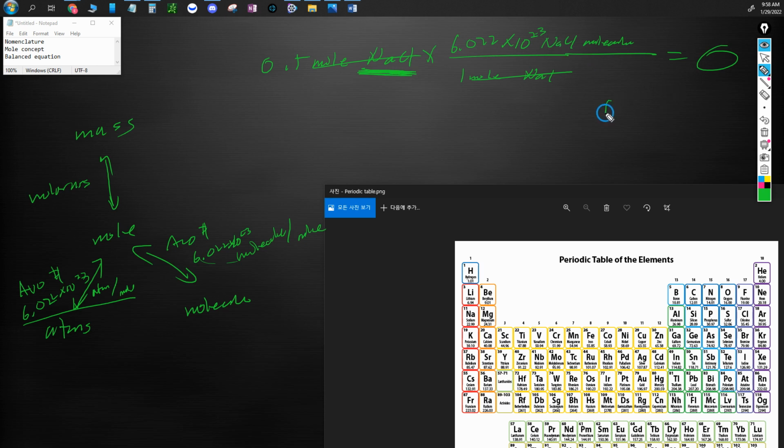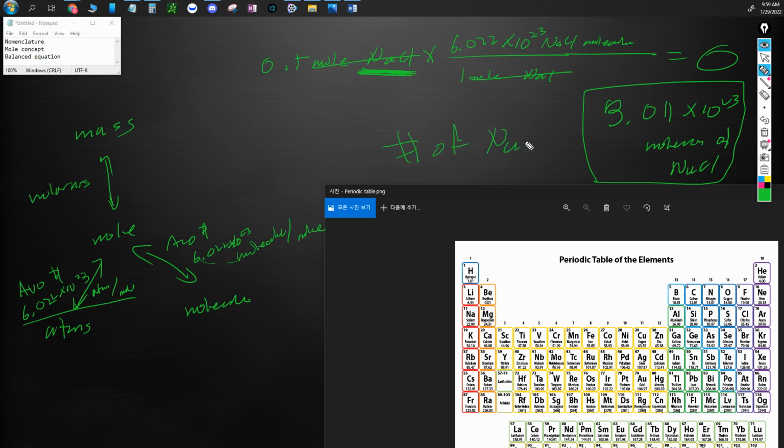There will be 3.011 times 10 to the 23rd molecules of NaCl. Now, your teacher can also trick you, try to ask, okay, if you have that many molecules of NaCl, out of that, what would be the number of Na atoms? That means we are going from molecules to atoms. Well, let's think about it. We have NaCl, this many, 3.011 times 10 to the 23rd.